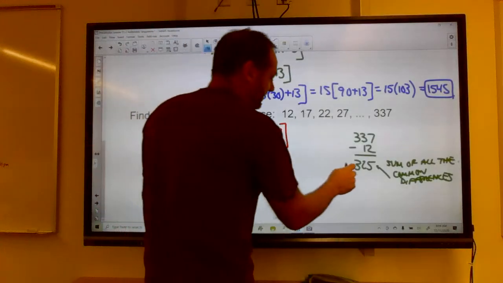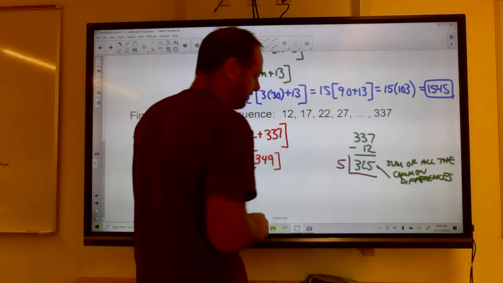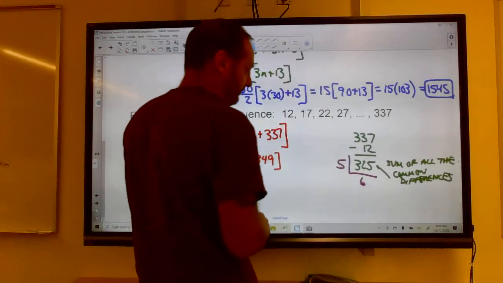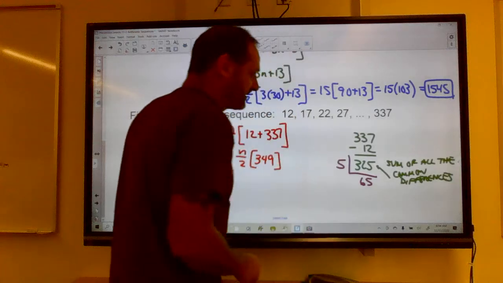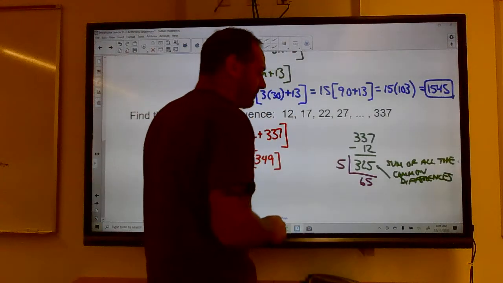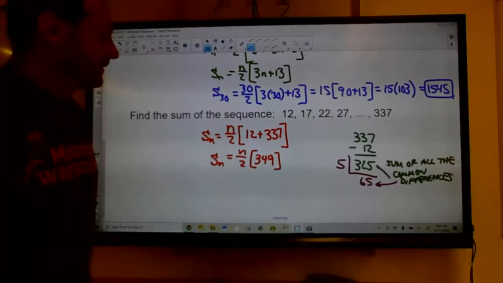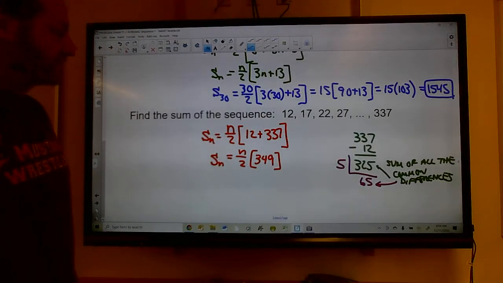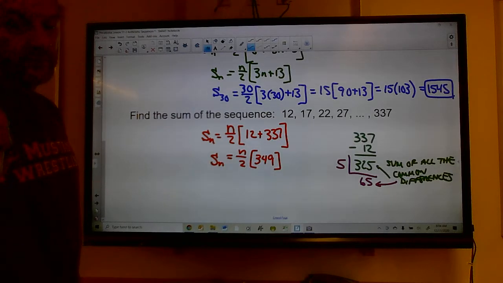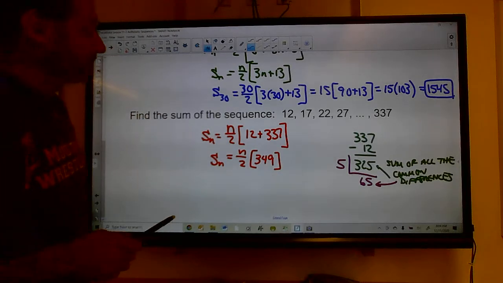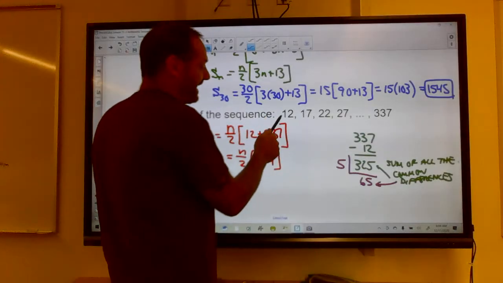Okay, now I know the common difference is 5. So if I take this and divide it by 5, I'm going to get 65. That tells me that there are 65 common differences. Remember that there's always one more term in the sequence than there are common differences, because the first one doesn't have a common difference.